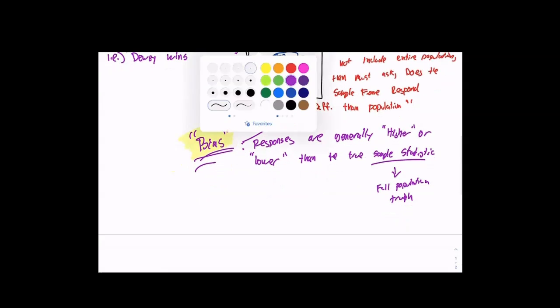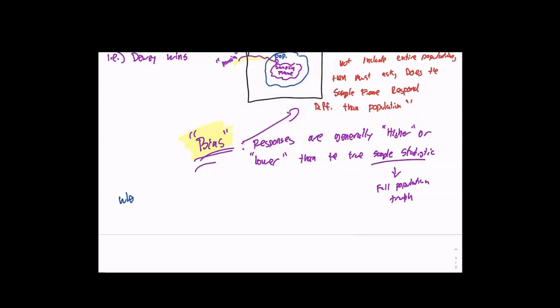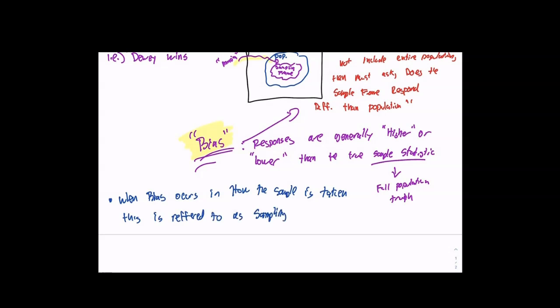Now, when bias occurs in how the sample is taken, this is referred to as sampling bias. All right, another vocabulary word, sampling bias.